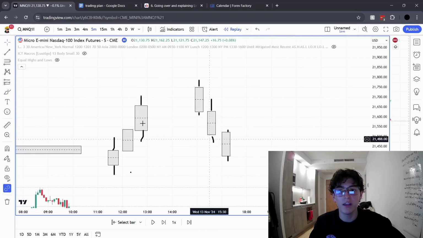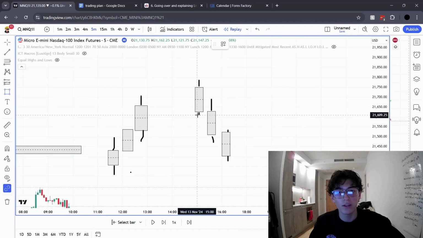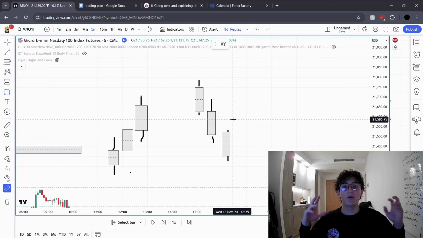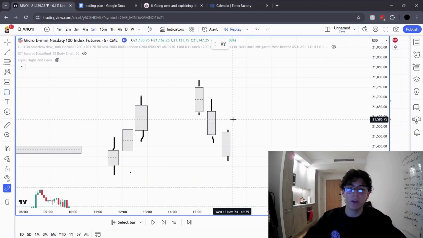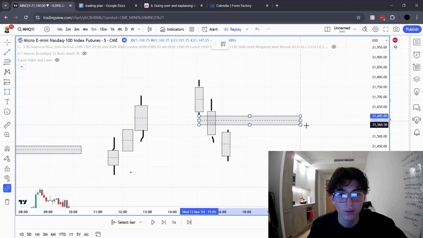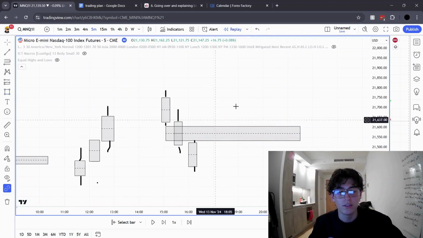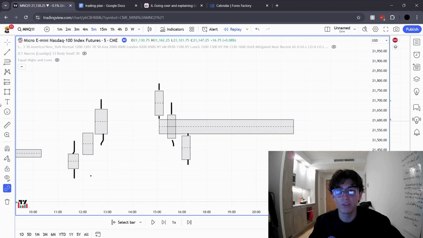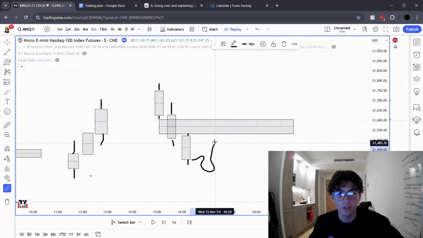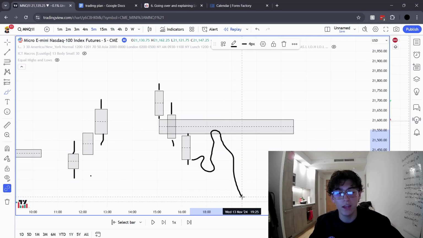And why is this a valid fair value gap? Well, because the outside wicks didn't overlap each other. They left the gap in the middle where orders are going to be able to get filled for a retracement. And a retracement would look something like this: candlesticks go back in, fill the orders, and then end up going back down.